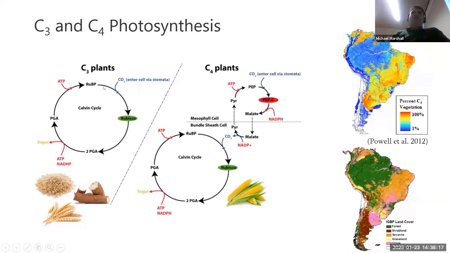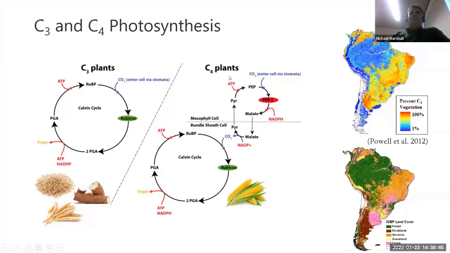And basically what you need to know is C3 plants follow the Calvin cycle, as I said before. And the Calvin cycle involves the Rubisco enzyme. This is the enzyme that sort of catalyzes the reaction of basically forming sugars, right? Which are then broken down during respiration.